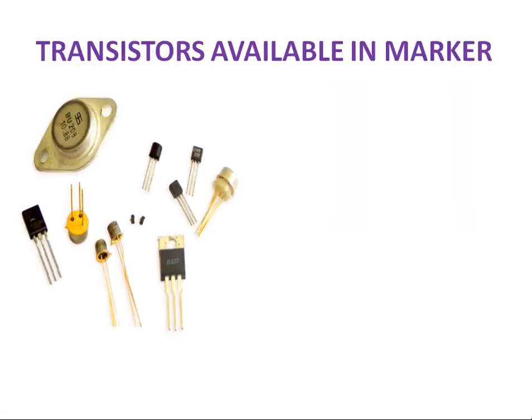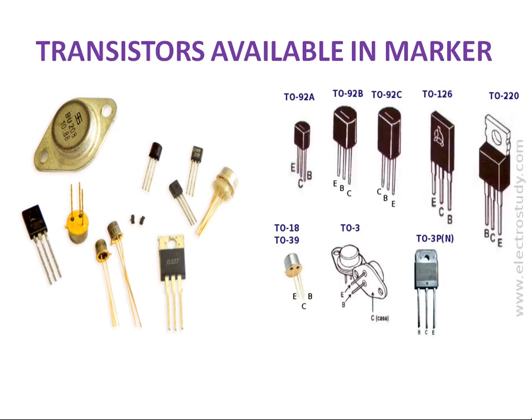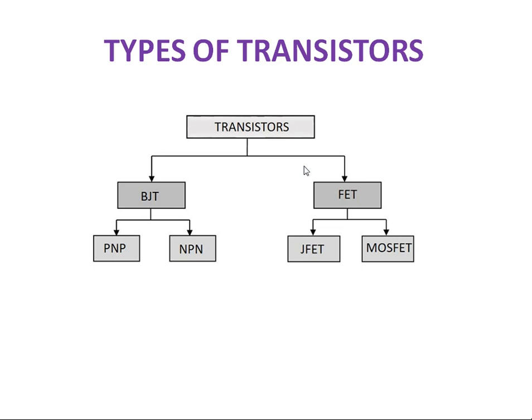Today transistors are available in the market in various types of configuration. One is the plastic package, another the metal package. These are the variety of transistors available in today's market. These transistors can be classified as BJT, bipolar junction transistor, and field effect transistor.